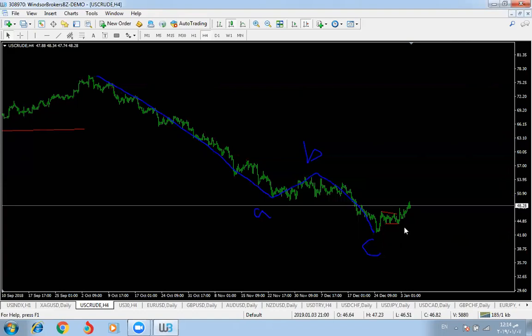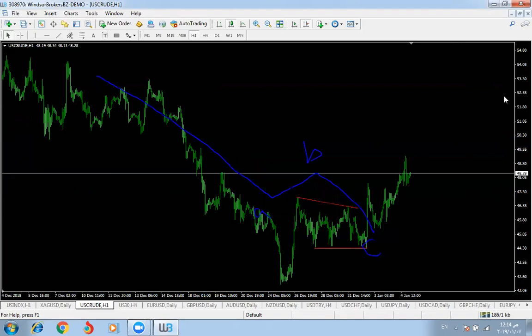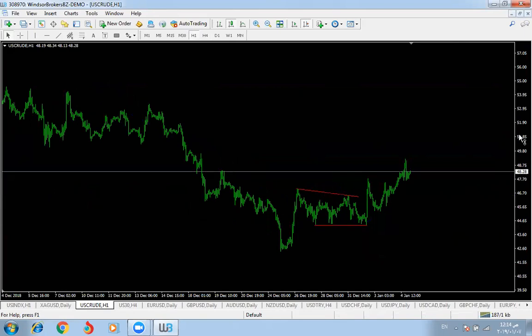We can go after each correction and buy the crude oil, because we have seen this very nice entry point in the form of a regular flat.